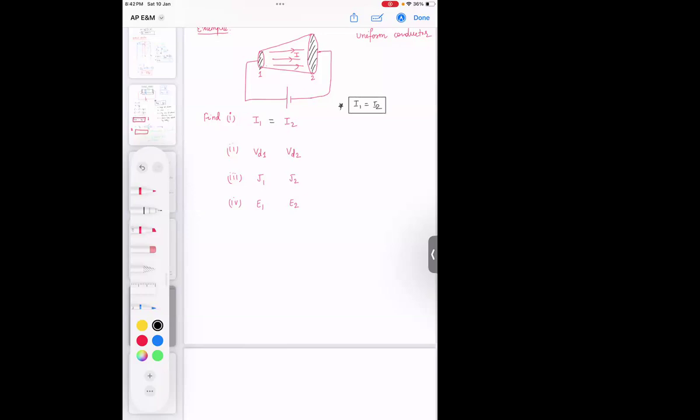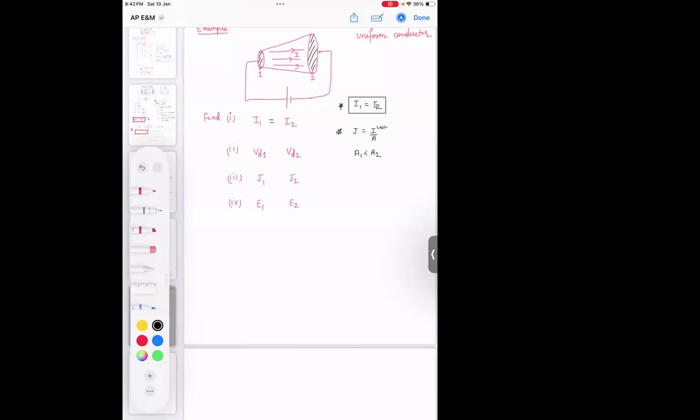Second thing, if I ask you here, what about the current density? Current density is current per unit area. Now look at that. Current is same. And if you see A1 is less than A2, area of cross section at 1 is less than A2.